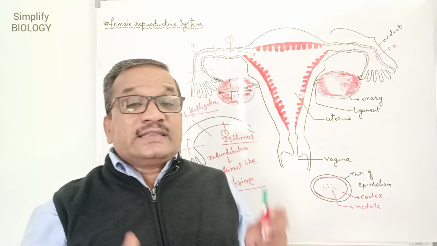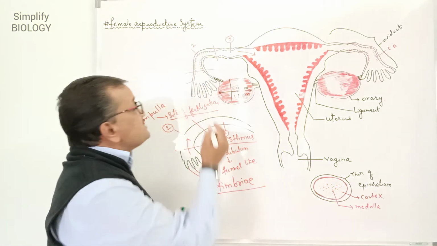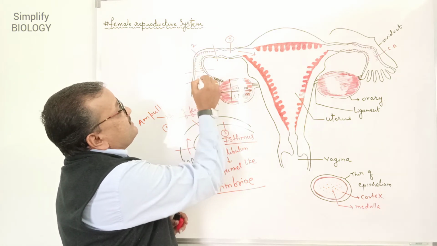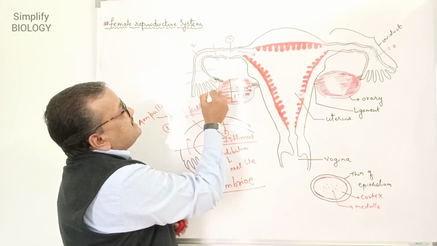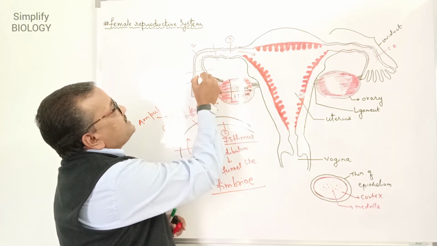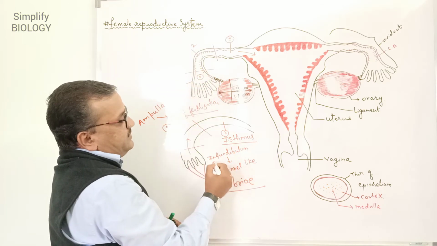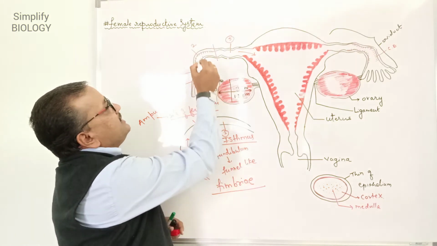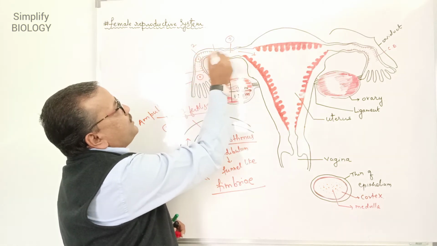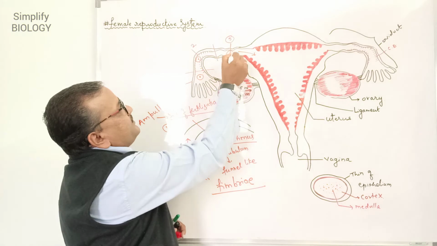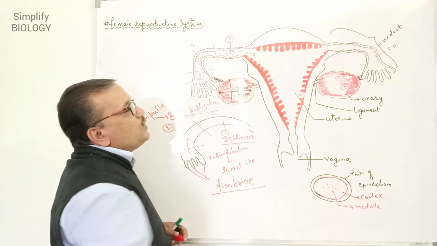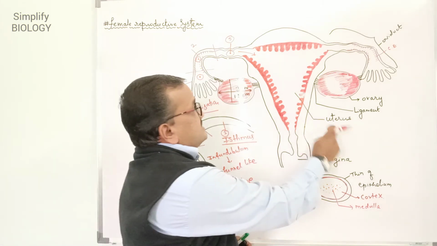Understood? So they conduct the ovum. When the ovum comes from the ovary, these fimbriae will collect it. First it will reach the infundibular region, then it will go to the ampulla region, and from the ampulla region it will move to which region? It will reach the isthmus region, and from the isthmus region it will go into the uterus.